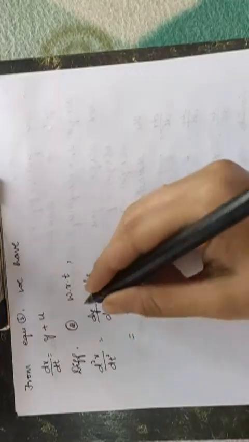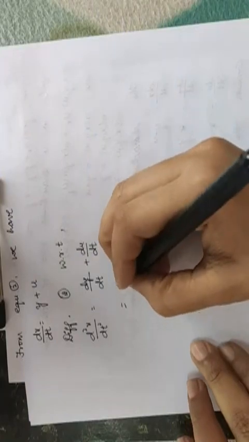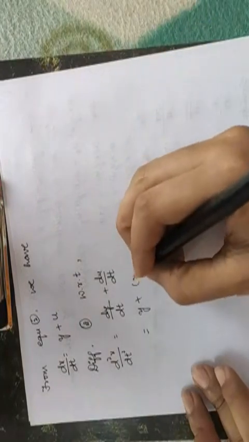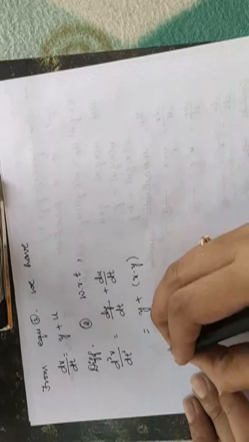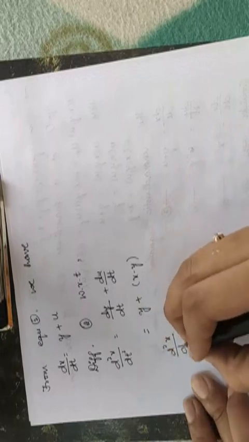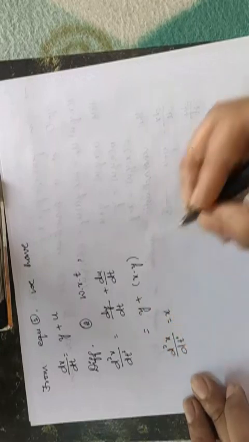Now substitute the value of dy by dt. What I have for dy by dt is y, right? So y plus du by dt is x minus y. Minus y plus y gets cancelled. You will get d square x by dt square is equal to x.